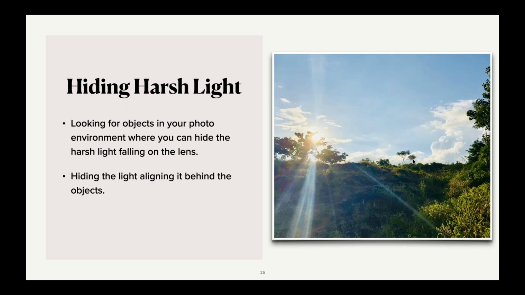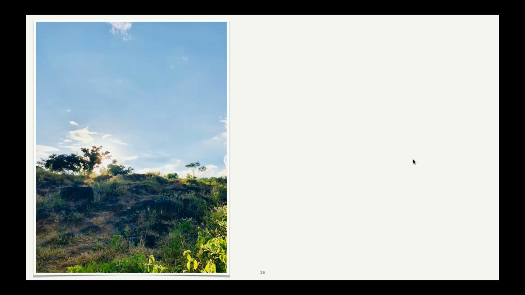What you do is try to hide the sun behind some object or some tree or anything that is there in your image, so that it does not directly throw the light on the lens of your phone or your DSLR. If the same image is taken with the sun behind the trees, the photo is much better, with all the details of the sky as well as the grassland. So it's a well composed image as well.